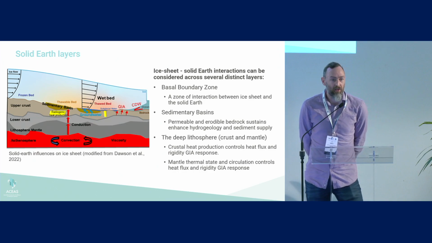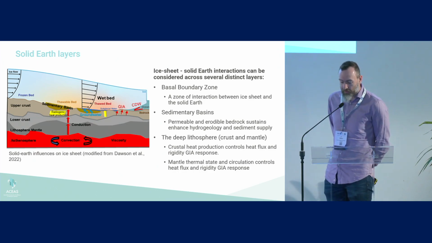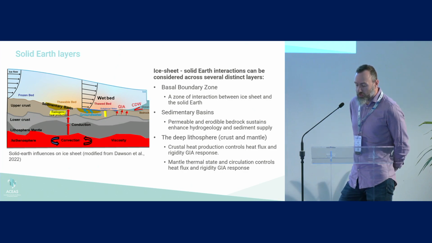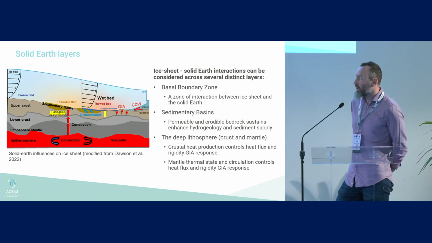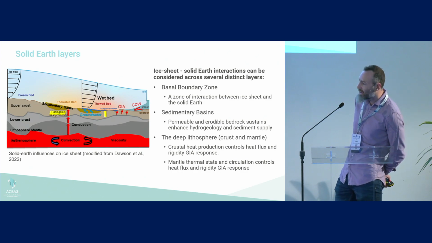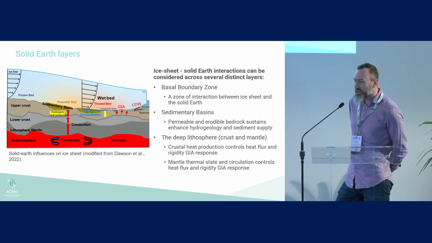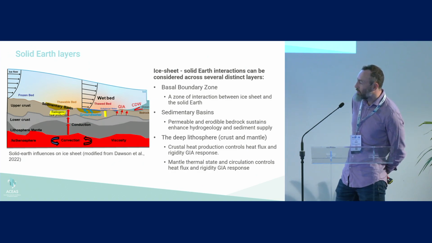So just to summarize, here's a slide from one of Eliza Dawson's papers, slightly modified. I'm going to talk about the solid Earth as a set of layers today. There's always layers in the solid Earth, but these layers are smaller than the ones you've seen before. So the lithosphere layer that was one layer before is now divided into 4. Really, we can divide it into 10 million if we feel like it. But I'm going to talk about 3, really.